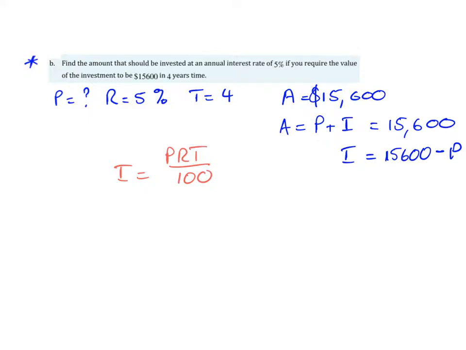In this case, I is going to be 15,600 take away P, and P is what I'm looking for, times 5 times 4 all over 100.